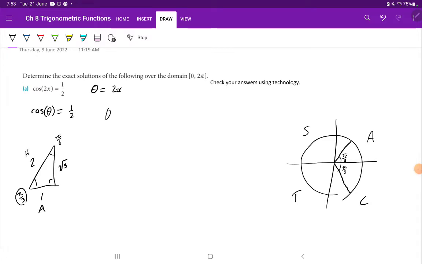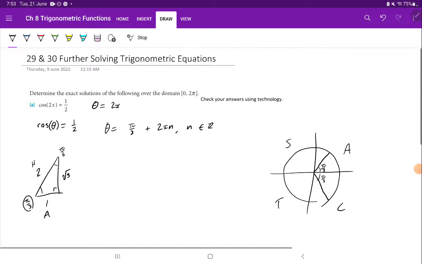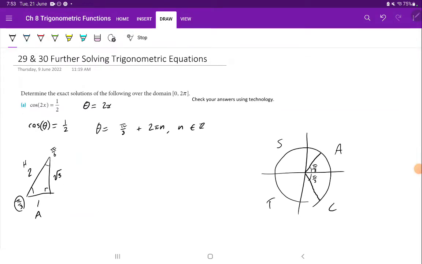So either theta could be equal to pi on 3 plus or minus 2 pi n, for n in some integers. And our second solution, theta 2, is going to be the exact same, except it's 2 pi minus pi on 3 plus 2 pi m, for m in some integers, okay?